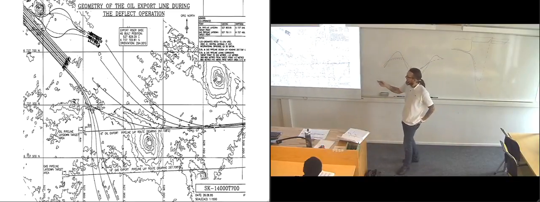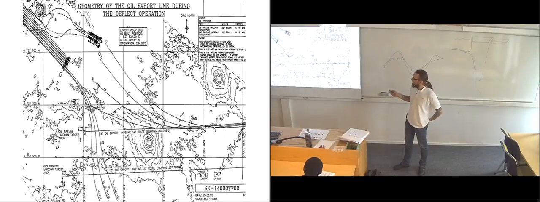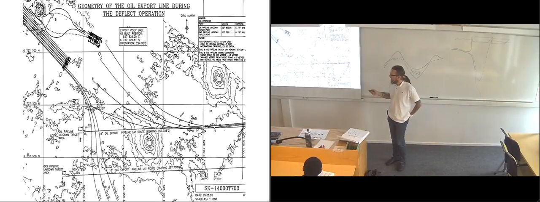But on the other side here, they're going to connect this oil export pipeline, which is a layer route here, and then there's a gas export pipeline here. What they're going to do is, step by step, pick up the end of the oil pipeline and drag it up here so that they get this curve on it.